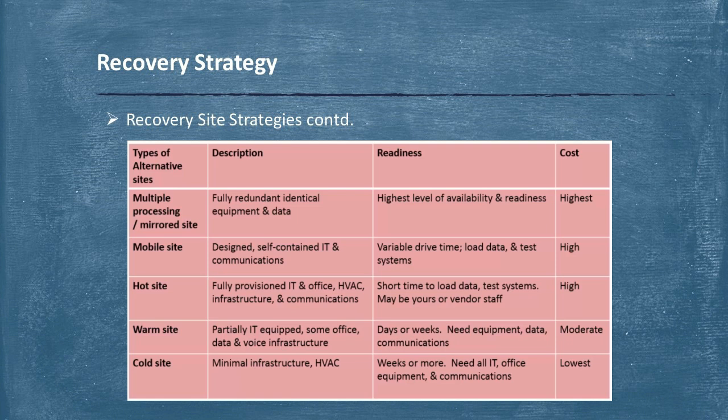That is why the cost is very high. The second one is a mobile site, which is designed to be self-contained IT and communication infrastructure. So you can get it moved to your location to start the operation. This is high in cost, variable, time driven.